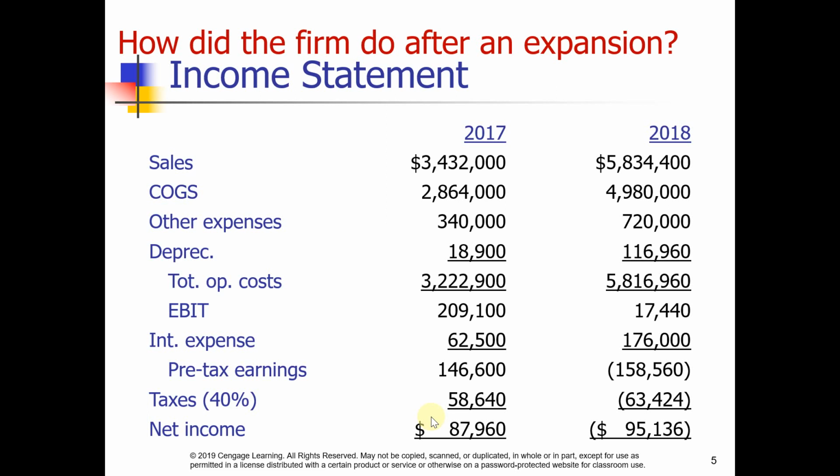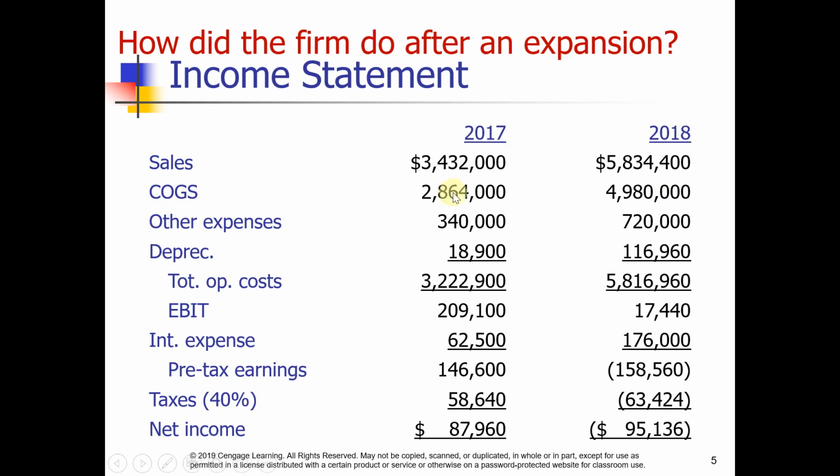First, we are going to see how it affected accounting statements, and then we're going to modify them and try to learn what went wrong or what went right, right? So this is the income statement. What we see is that after the expansion of 2017, in 2018, sales increased by a lot, $2.4 million.